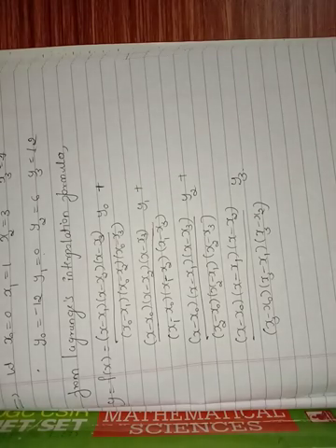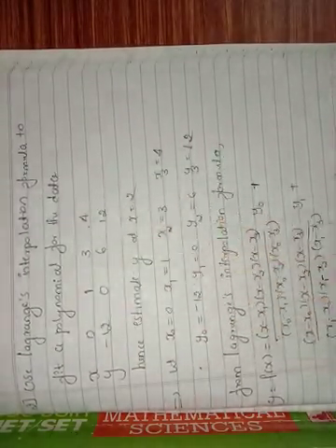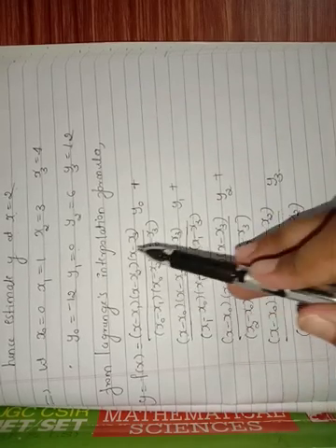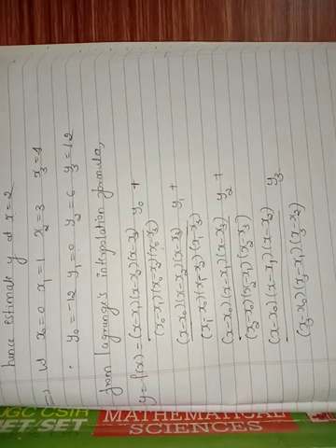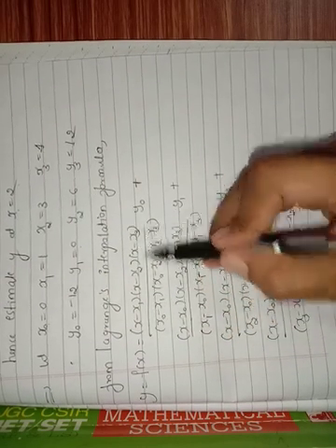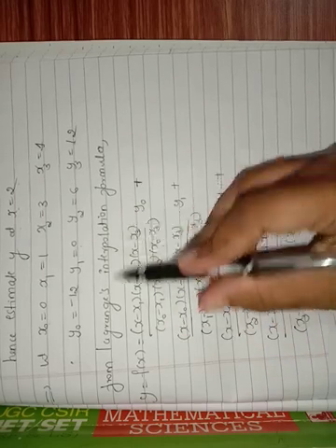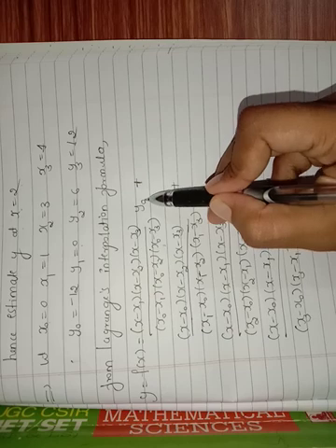Write down the Lagrange's interpolation formula. Here also same case. So here 4 entries, then the factors must be 3 in the numerator and 3 in the denominator here. Already written here the Lagrange interpolation formula. (x minus x1), (x minus x2), (x minus x3) divided by (x0 minus x1), (x0 minus x2), (x0 minus x3), and this whole term is multiplied with y0.